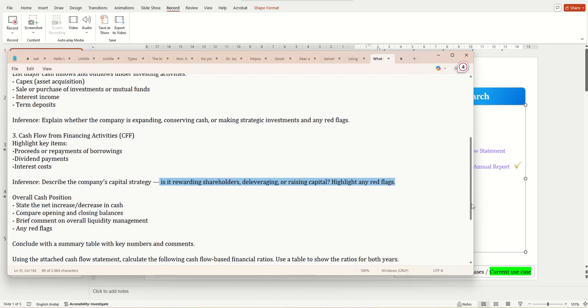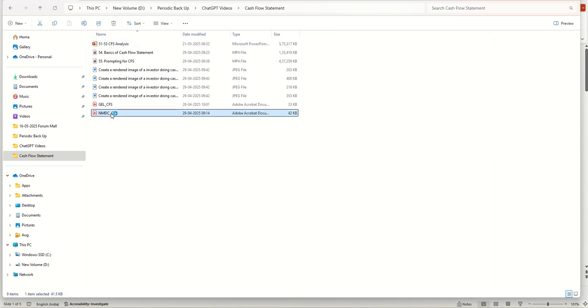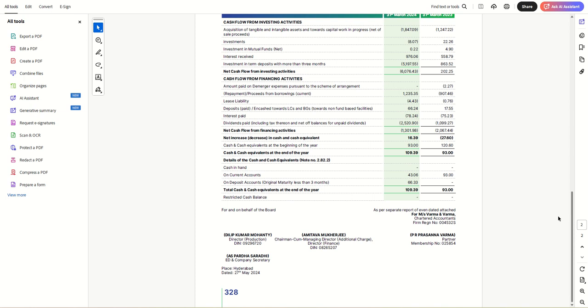And a last section, which is the overall cash position, like what is the increase or decrease in cash, opening and closing balance, which I will show you right away on the screen. Any red flags. So the last part I was asking the model to do: there is something called cash on hand.